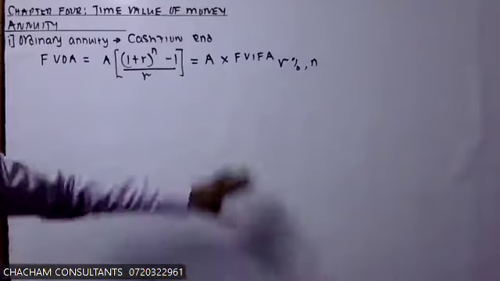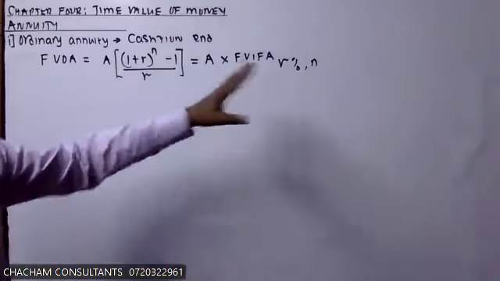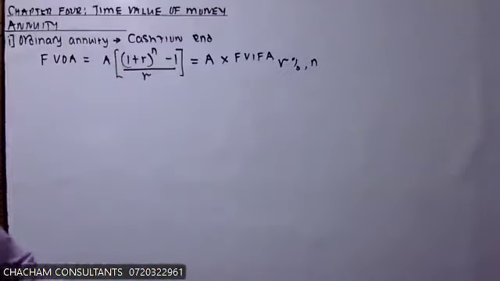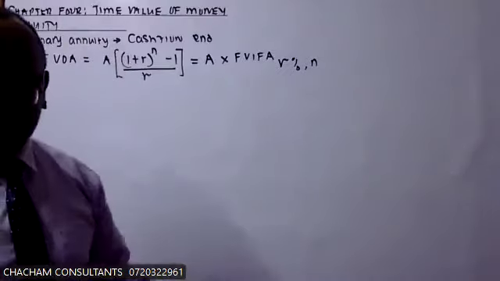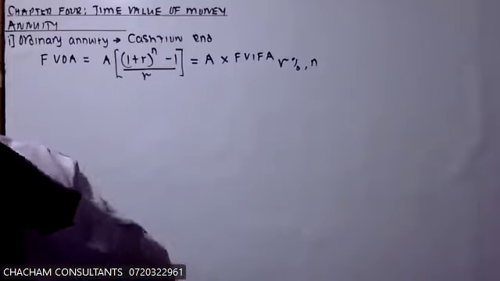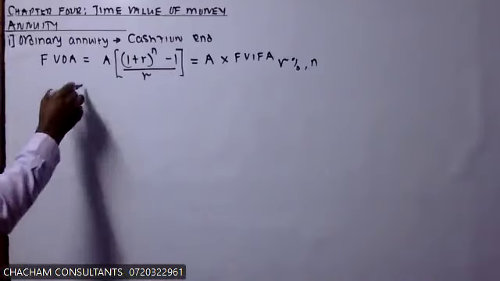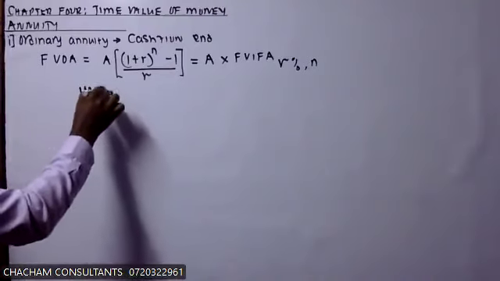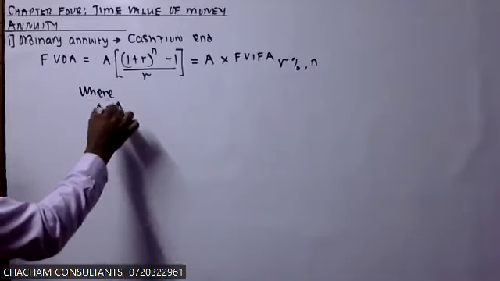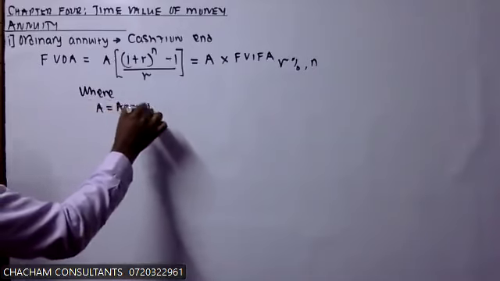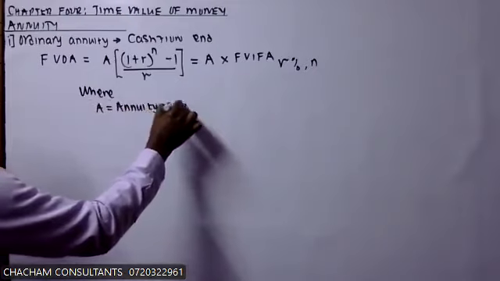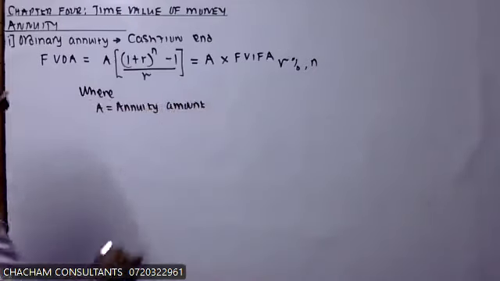I'm not keen to write the meanings, because hii ndio itakuwa lugha almost every lesson. So taizoea kabisa. Maybe what we need to specify is where A is the annuity amount.